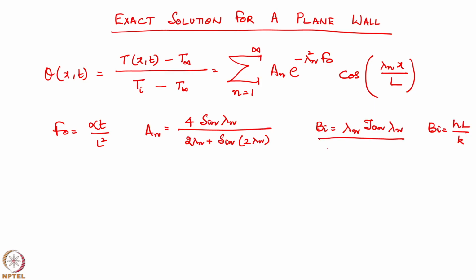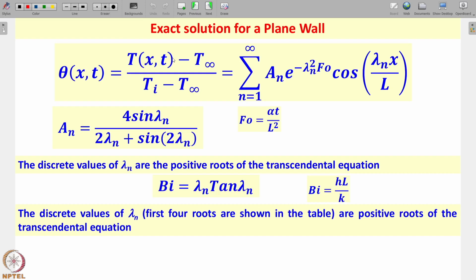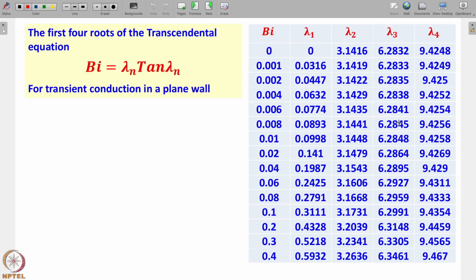Now this is what is called a transcendental equation, and this will have multiple roots. So we do not have to get these roots, they are all given as a table. For a given Biot number, you can see that there are multiple roots, but in this table I am just giving you lambda 1, lambda 2, lambda 3, lambda 4.